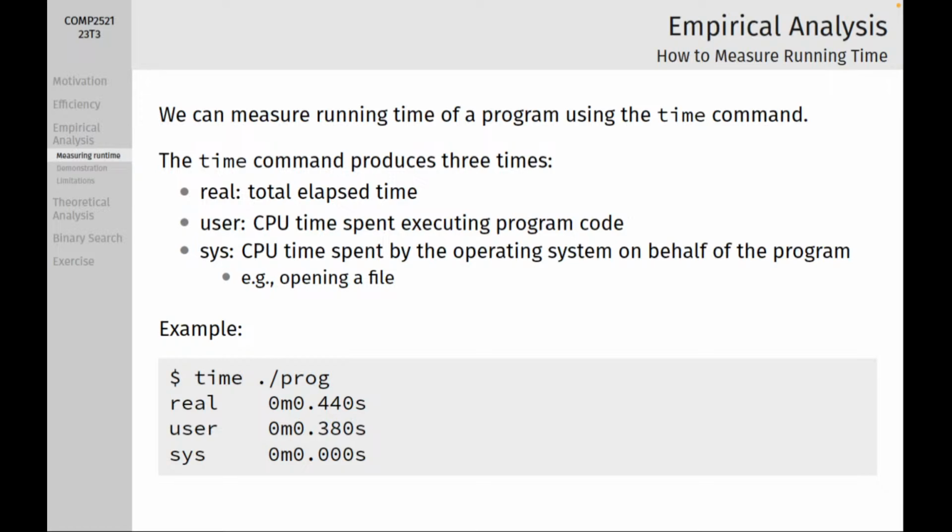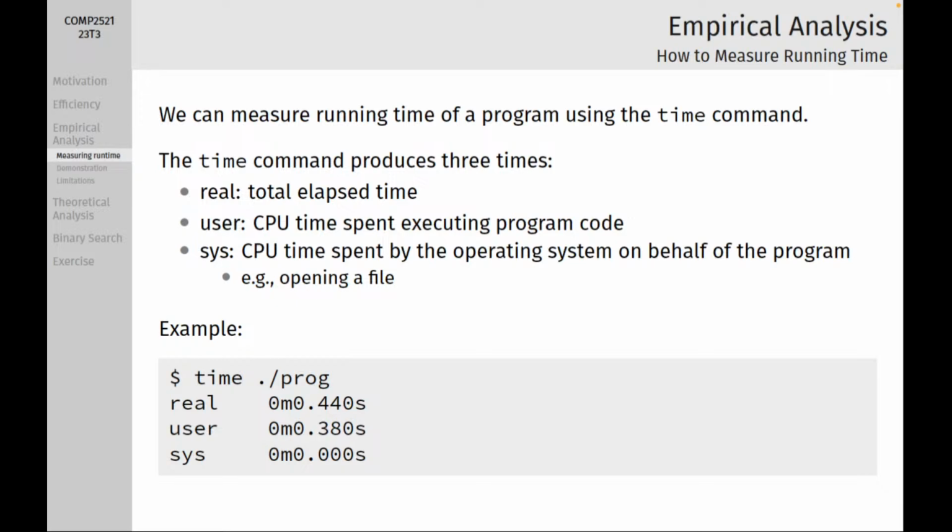If there are lots of users on the machine at the same time, then each program is going to run slightly slower, because the CPU has to divide its time between all of the users and their programs. There's also user time. User time is the CPU time spent executing the program's code.